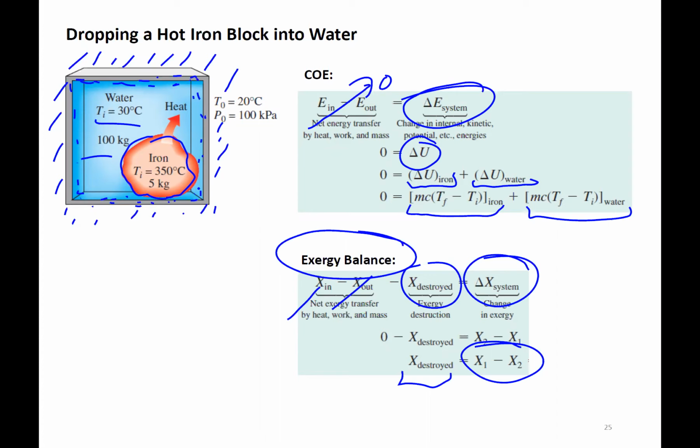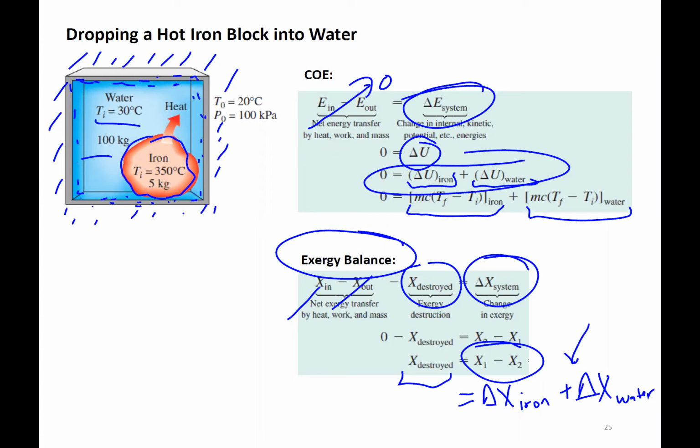And you could also do the delta X of the iron plus the delta X of the water. Just like we separated internal energy, we can do that with exergy, just like we could do that with entropy and separate the change of one substance and then the other.